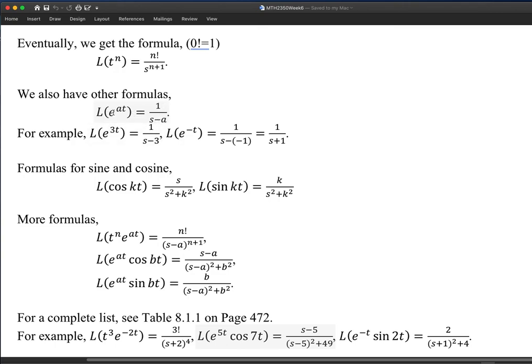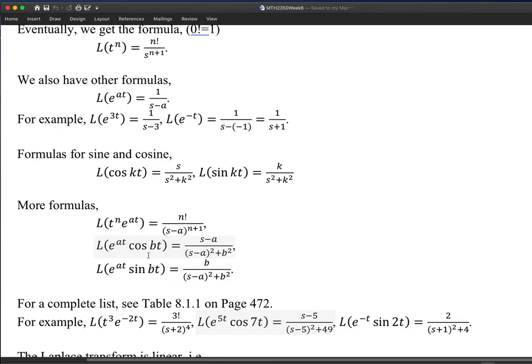If it is e to the negative 2t, that turns out to be 1 over s plus 2, because minus negative 2 is plus 2, right? And also we have the transforms of cosine and sine. And more importantly, we have the transforms of the combinations: power function and exponential function, exponential function with cosine, exponential function with sine.